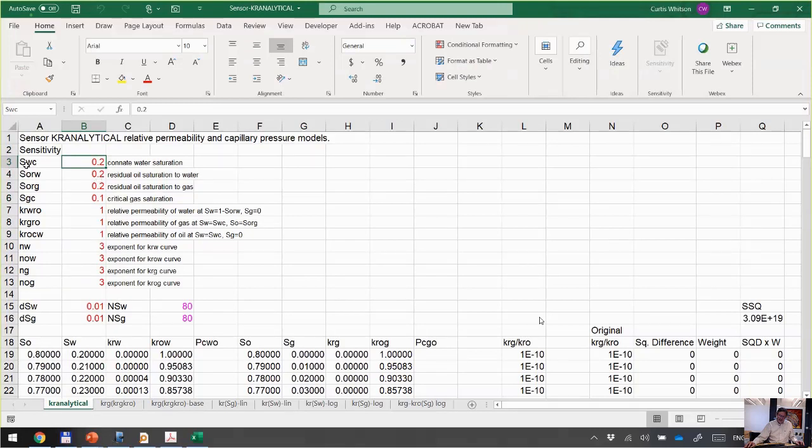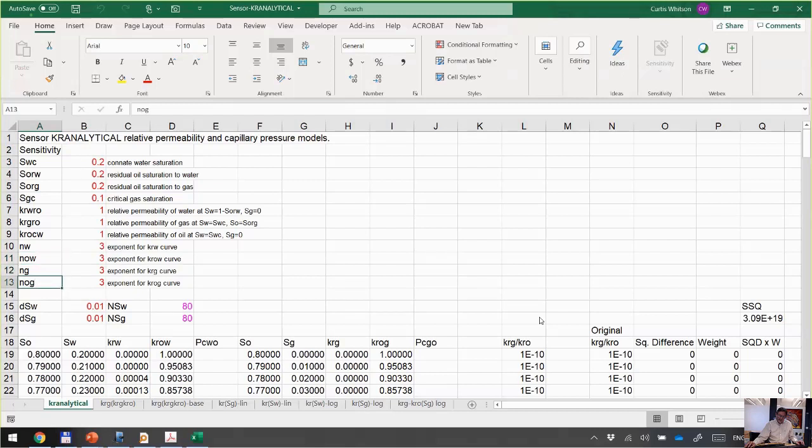So the connate water saturation, residual oil saturation to water, which is of no interest here, residual oil saturation to gas, which is the one we're talking about, and critical gas saturation, which is also in our gas-oil curves. The relative permeability of gas at connate water saturation is relevant, not necessarily equal to 1. Then we've got the exponents: NW and NOW are not relevant to what we're talking about, NG and NOG are.